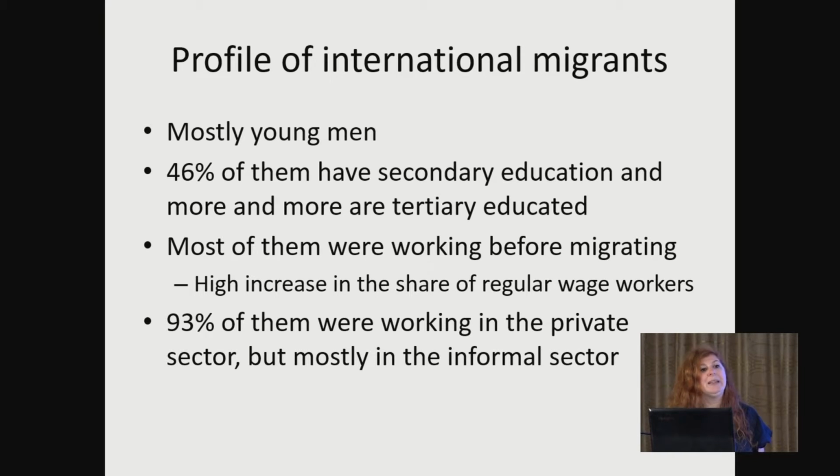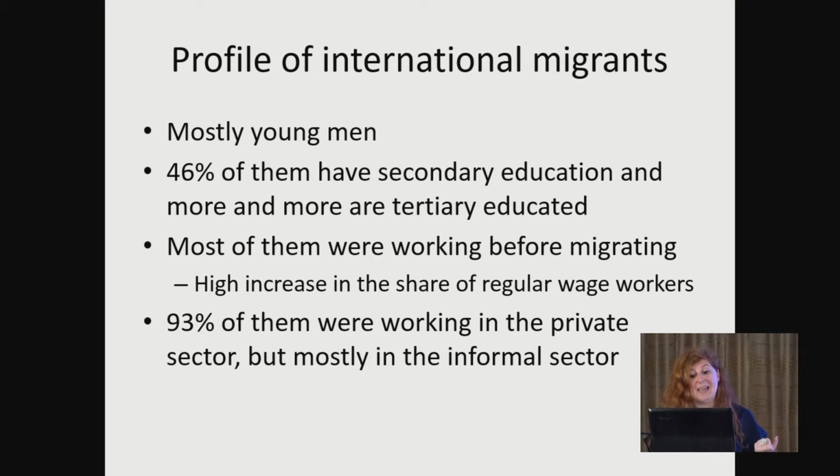So migration is not just a way out of unemployment, it can also be a way out of irregular employment, and an alternative to, I would say, a more vulnerable position on the labor market.